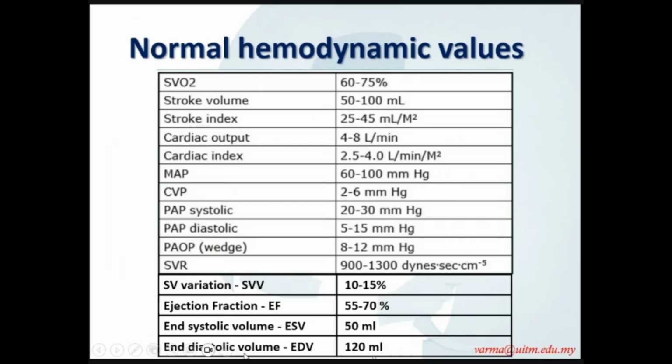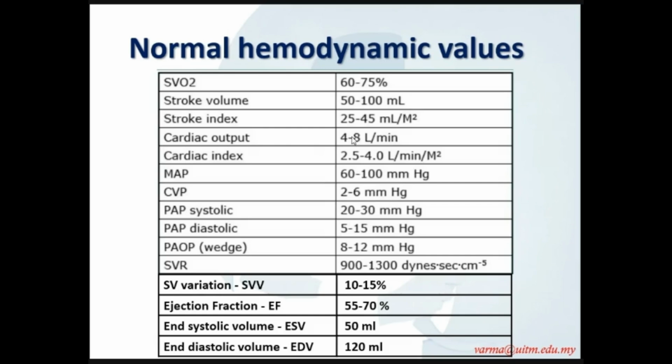So 120 minus 50 is around 70, usually the normal one. Stroke index is always the volume divided by your body surface area. Cardiac output is 4 to 8 liters per minute. It's around 500 ml per kilogram.